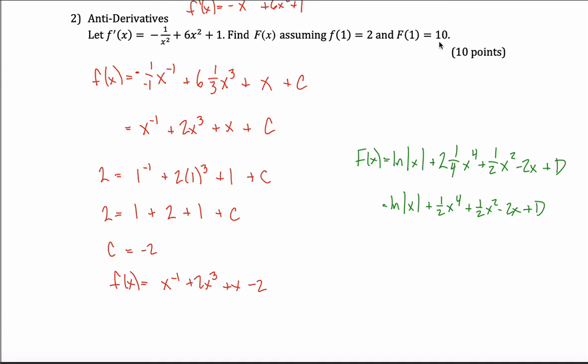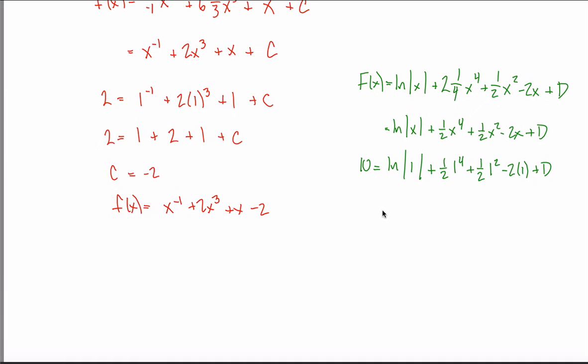So now we'll use the fact that f of 1 equals 10. So 10 is the natural log of this function evaluated at 1. In other words, change all the x's into 1s. That gets me here. It'd be useful if you remember that the natural log of 1 was just 0, because the natural log of the absolute value of 1 is the natural log of 1, and that's asking you what power do you got to raise e to make it equal to 1.